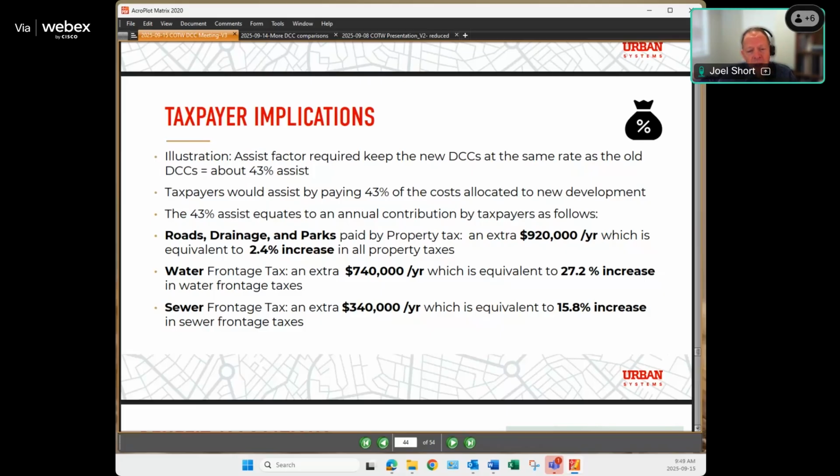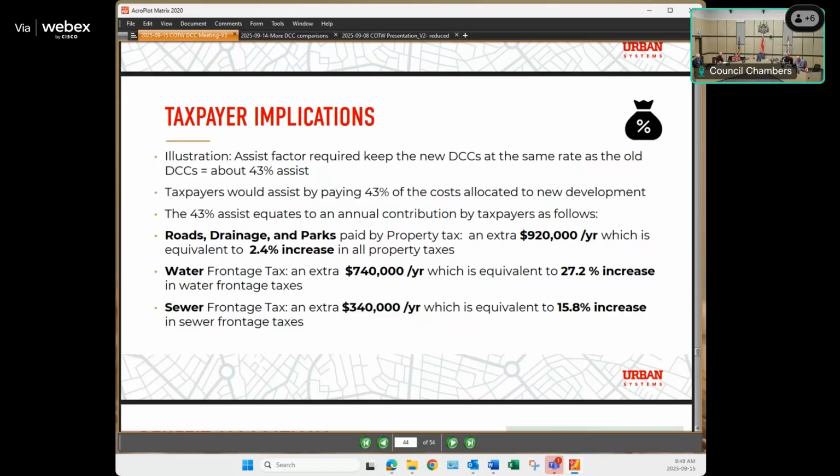But in general, as growth occurs, you have more costs. That's often what happens. So this is a relatively simple analysis, saying this is what the impact would be, because you'd probably have to start assisting as soon as you adopt this.